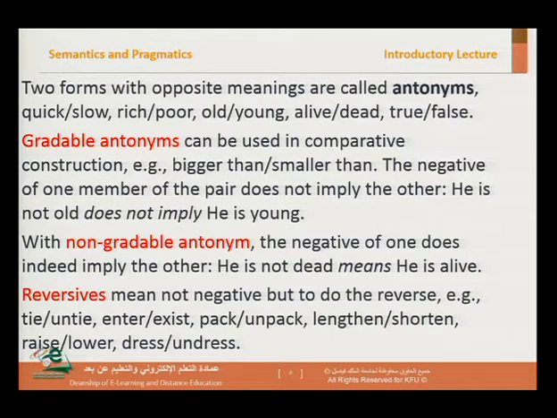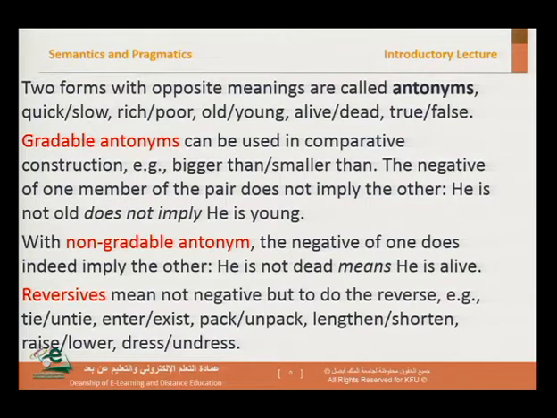Okay? You could be true or false. There's nothing in the middle. I cannot say so and so is truer or more true than so and so. It would sound odd.